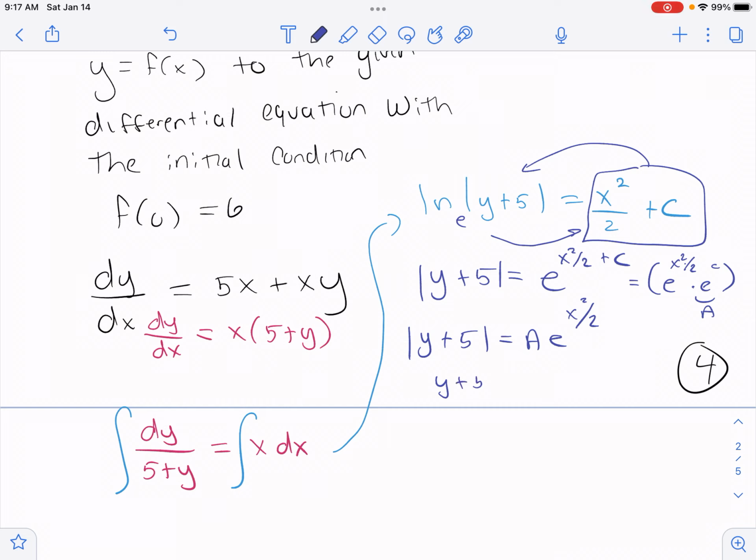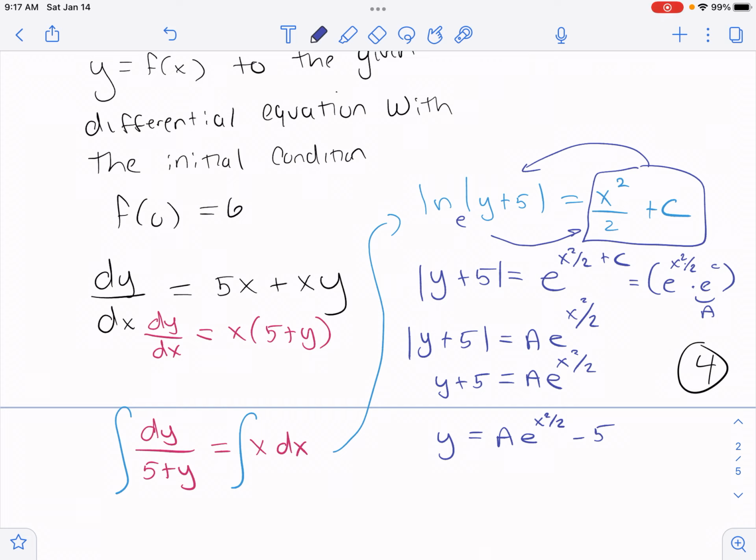Again, plus or minus a, that can kind of absorb the plus or minus. And then I got y equals a e to the x squared over 2 minus 5.